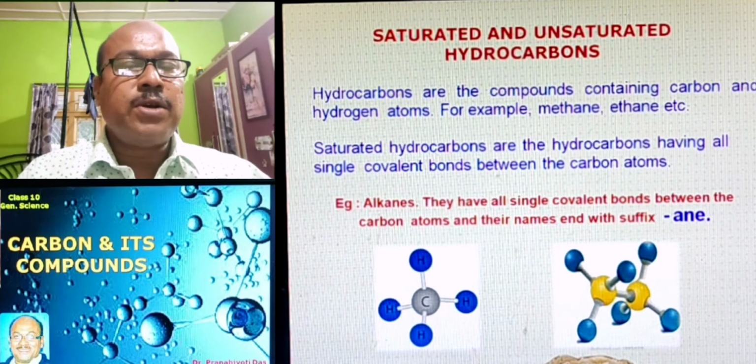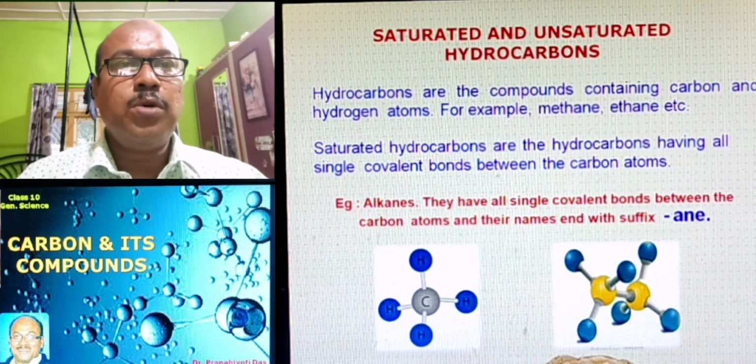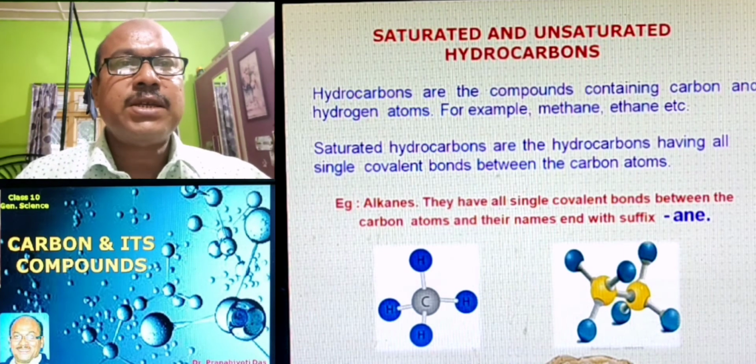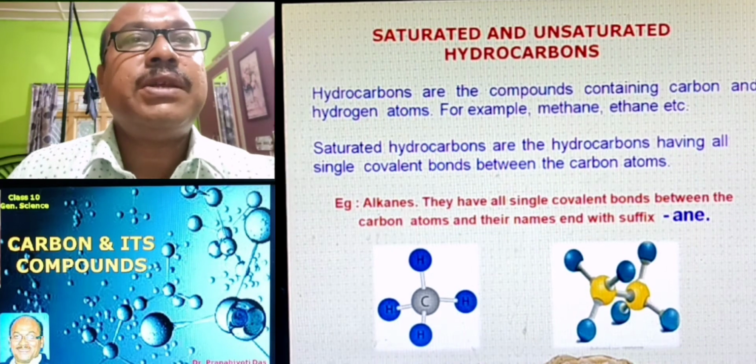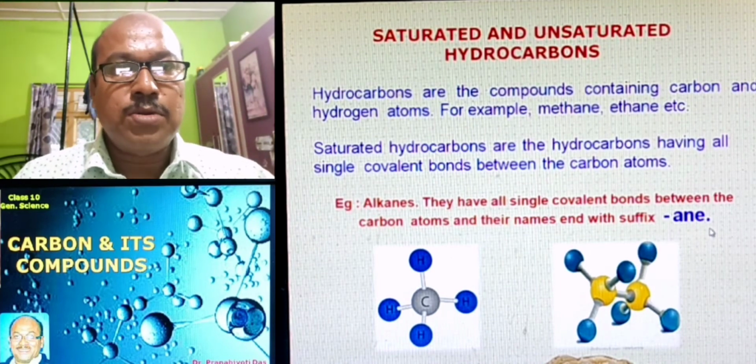Examples of saturated hydrocarbons are alkanes. They have always single covalent bonds between the carbon atoms, and all the alkanes have names with a suffix, and the suffix is ane. You can see it is given here, ane. That suffix is given to all hydrocarbons which are saturated. For example, methane, and the last three letters are ane.